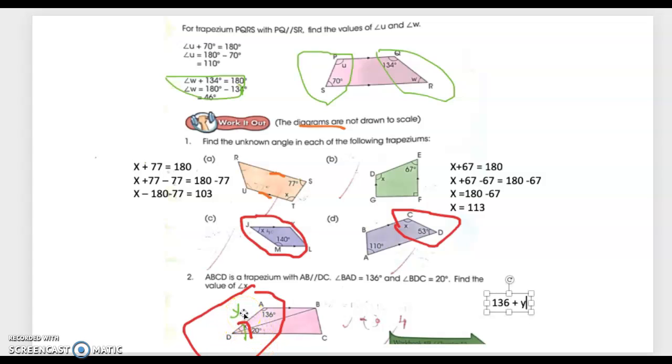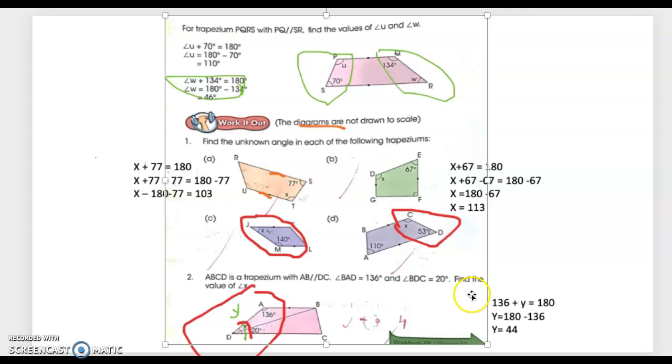Okay, y is equal to 180. So if I write it as a shortcut, y will be equal to 180 minus 136. How much is that? So y is equal to 44, right? So you found y is 44.